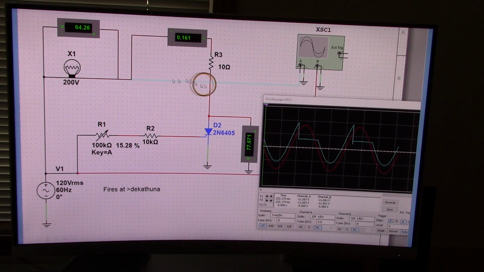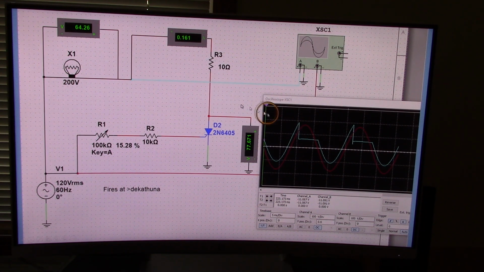What this blue color line is reading is the voltage across this device. It's not reading the voltage across this lamp. It's kind of a common misconception. It would be wrong to assume that this blue color line is reading this voltage. It's reading this voltage.